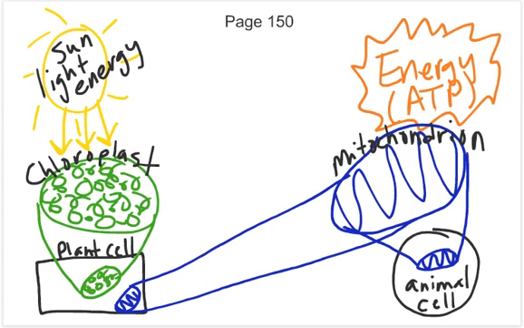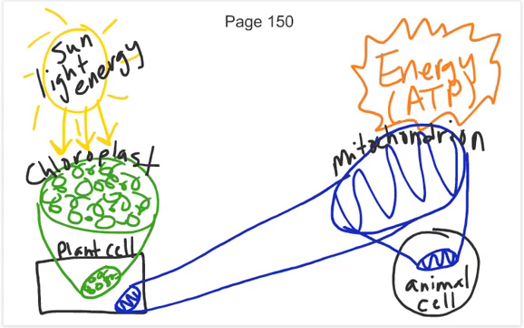So then the light energy comes into the chloroplast, and that helps to make the food for the plant cell, and then the plant cell can use that food plus the oxygen that it takes in with its mitochondria to release energy. Okay, so let's do some of the arrows now.